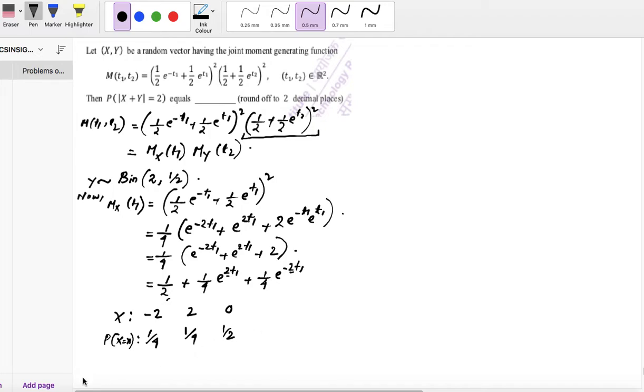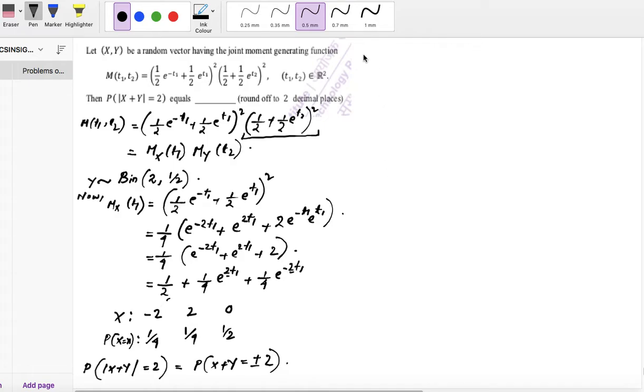Now what are we asked? We are asked to find the probability that the absolute value of X plus Y is equal to 2. This means we need to find the probability that X plus Y yields plus or minus 2. What are the possibilities to get plus or minus 2 if we add X and Y?